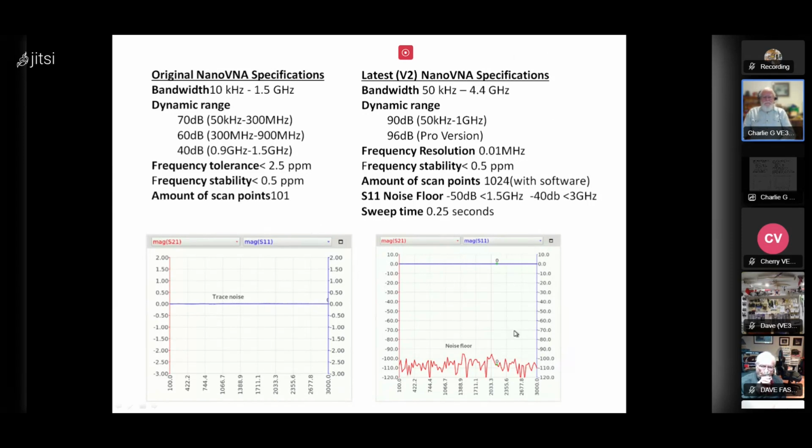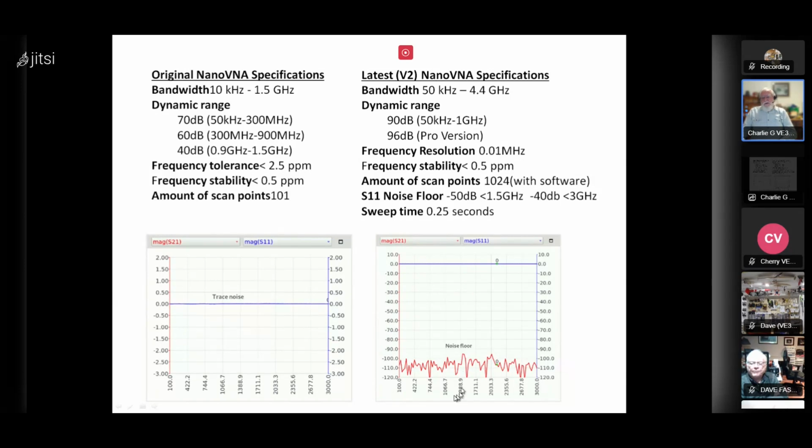The two charts at the bottom here, the first is trace noise, and as you can see, the trace noise is almost unmeasurable. These two charts apply to the V2. If you look at half a dB on either side, you just can't tell of any noise to speak of in here at all.